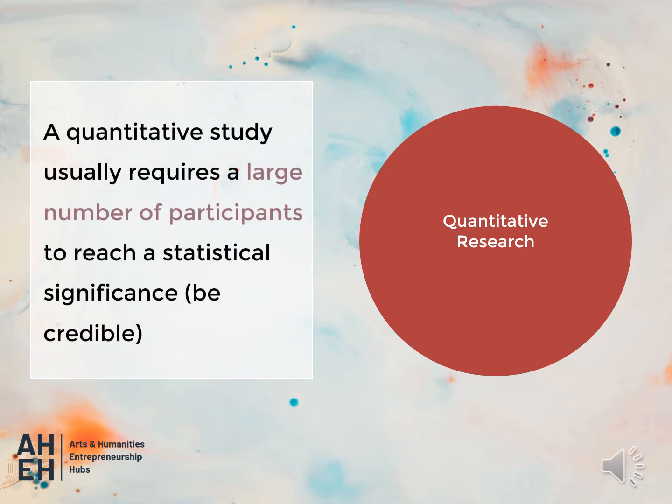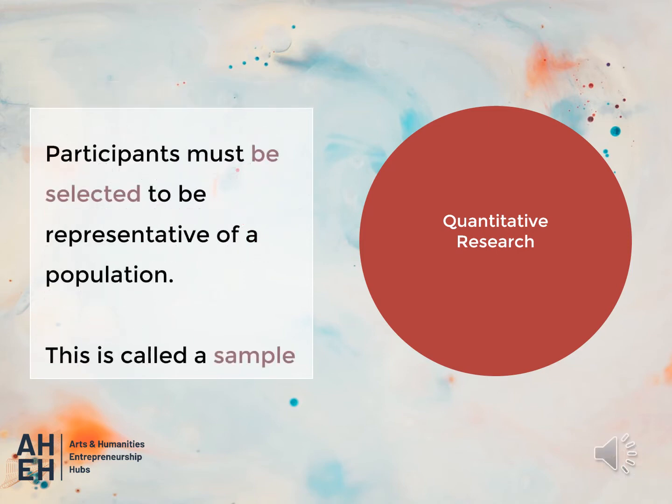A quantitative study usually requires a large number of participants to reach a statistical significance. Participants must be selected to be representative of a population. This is called a sample.